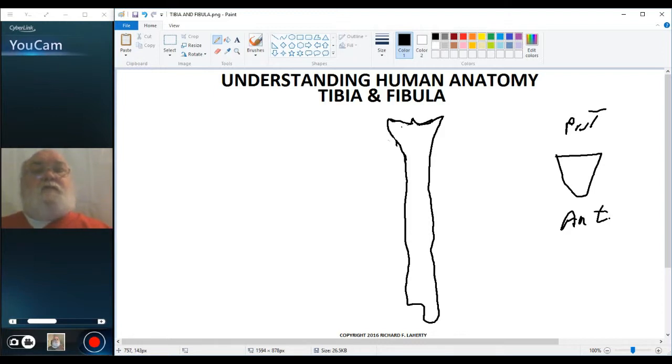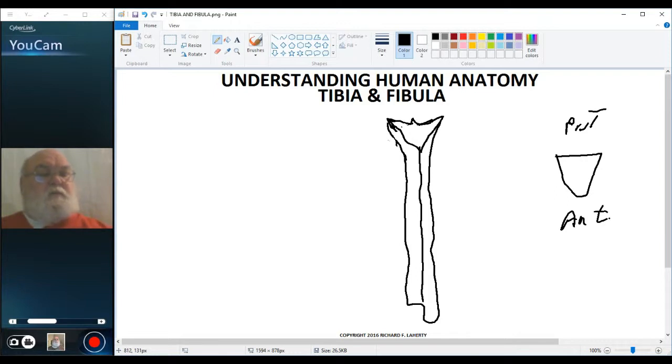So since the proximal part of the tibia is wider, we're going to make a drawing like this so that it comes down into the point and bring the point down the length of the bone. So this is the basic structure of the tibia when viewed from the anterior.